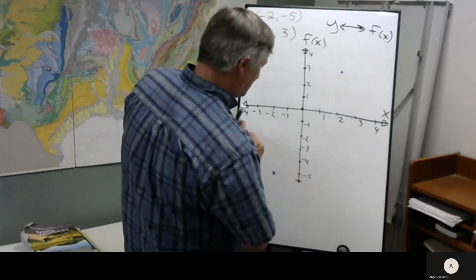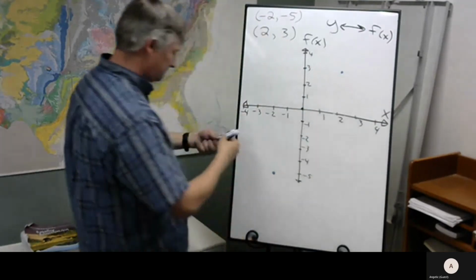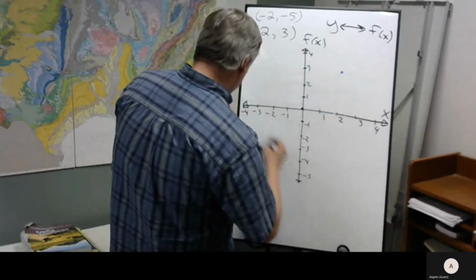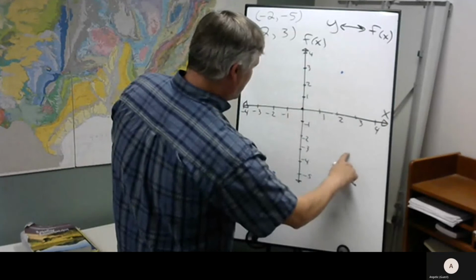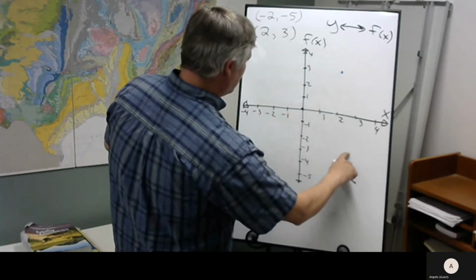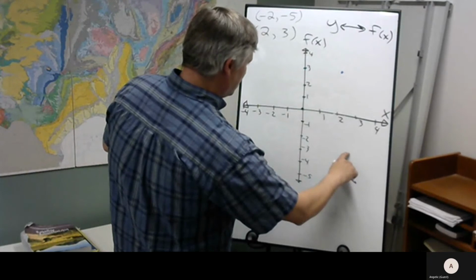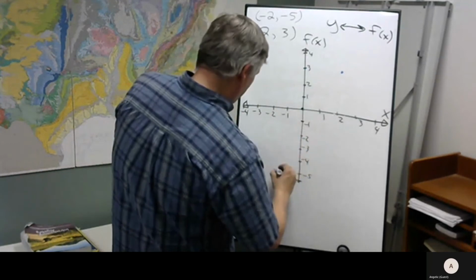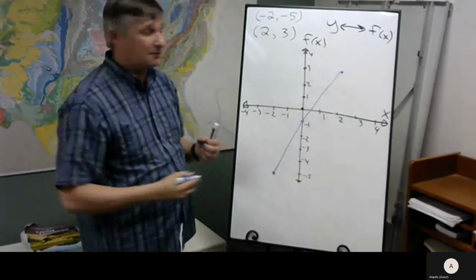Let's see. I want to make sure I get my intercepts, just 2x minus 0. Let me double check this real quick. You just got to connect the 2 points is all that you got to do.